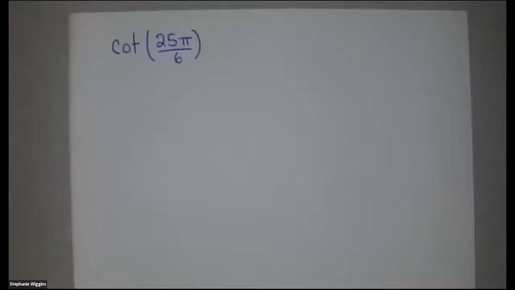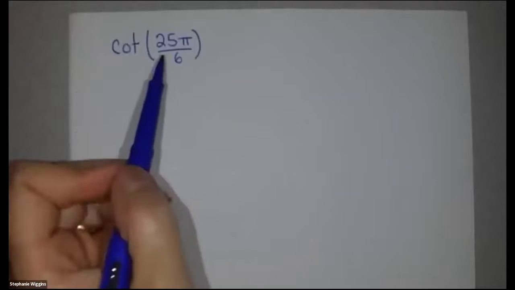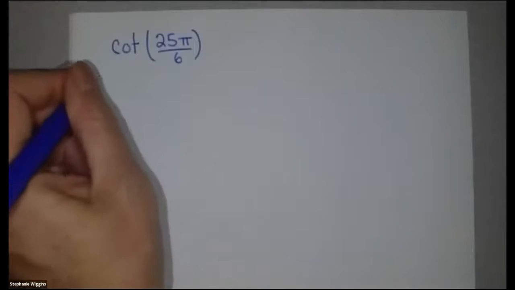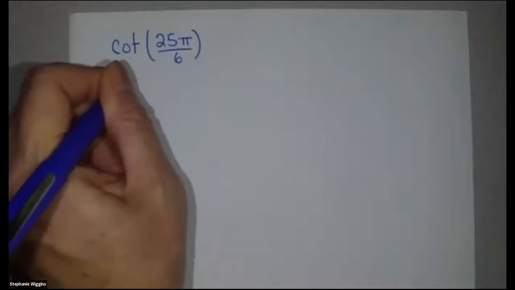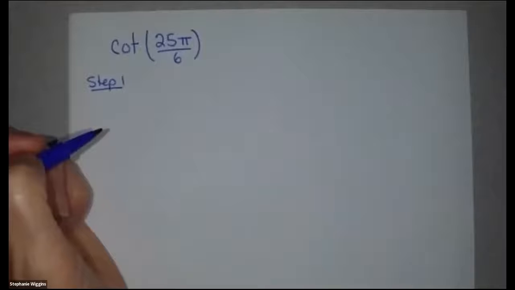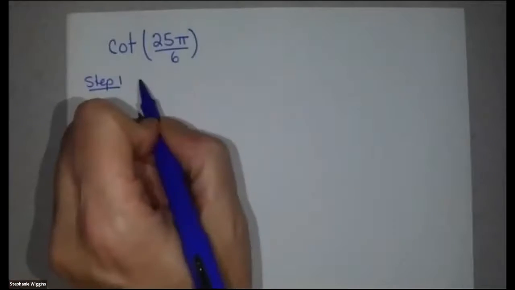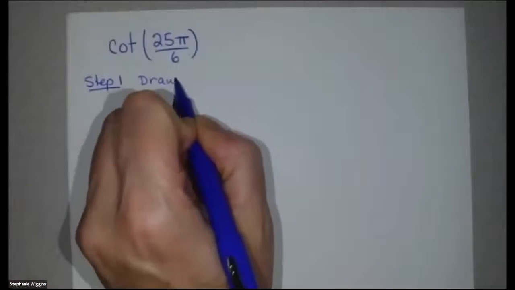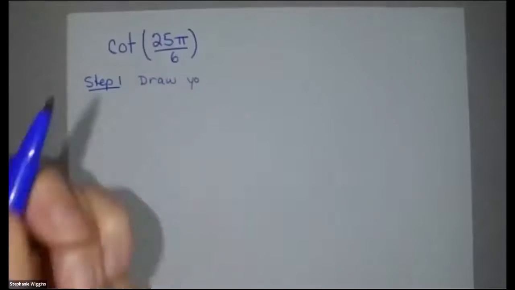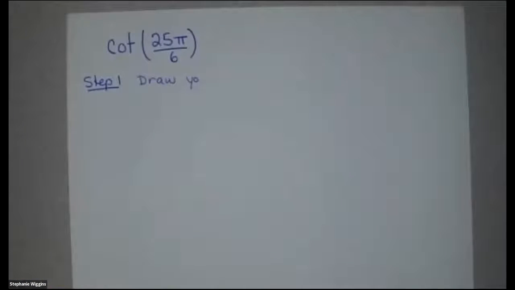My last problem is in degrees, so I will show you an example with degrees, but for now I'm just going to keep it like this. And the first step is to draw your angle in standard position. And you will notice that 25 pi over 6 is not within the range from 0 to 2 pi.